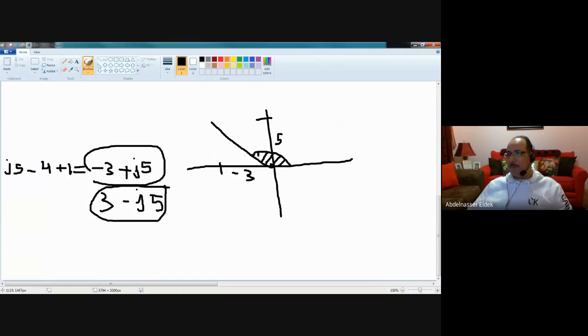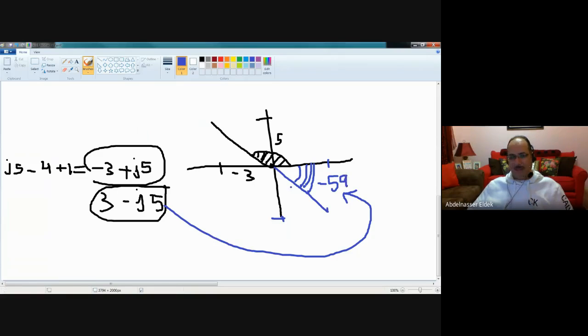For the other one, 3 is positive, so it is 3 here, and the -5, so it is here. So the angle is this one here. This is what the calculator calculates. It is -59. I believe it is -59 point something. I can't remember.